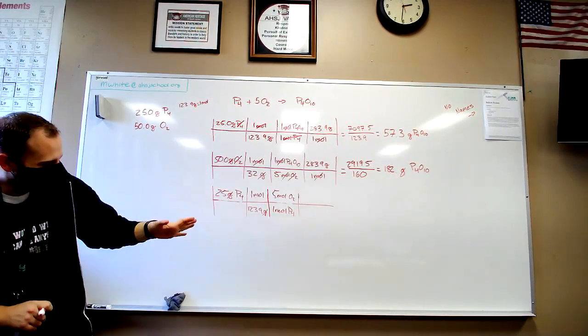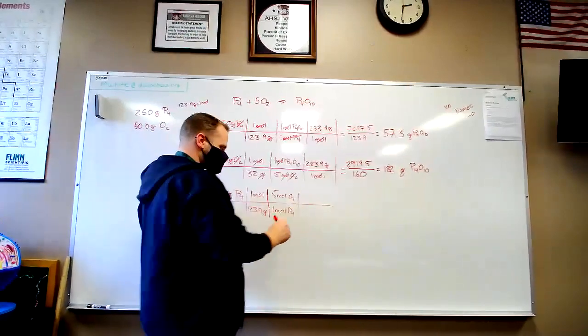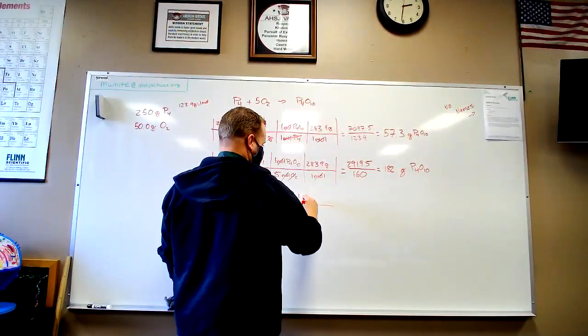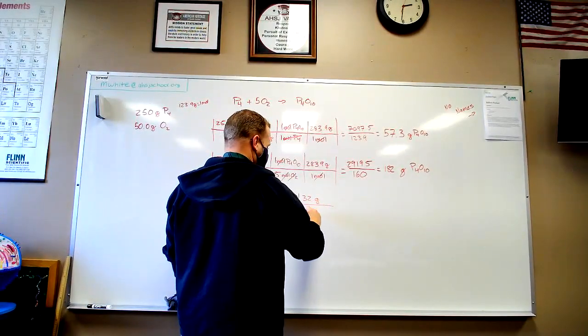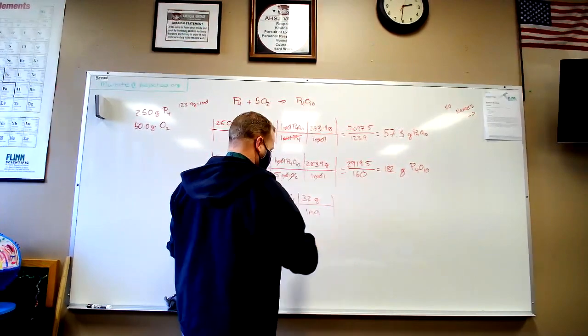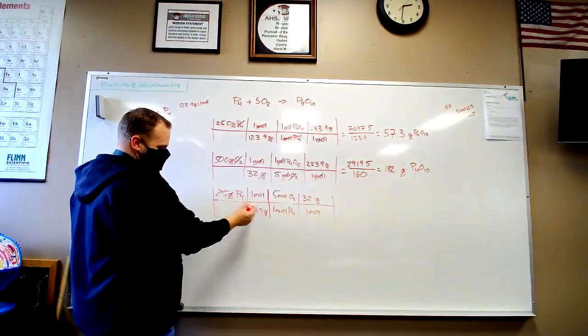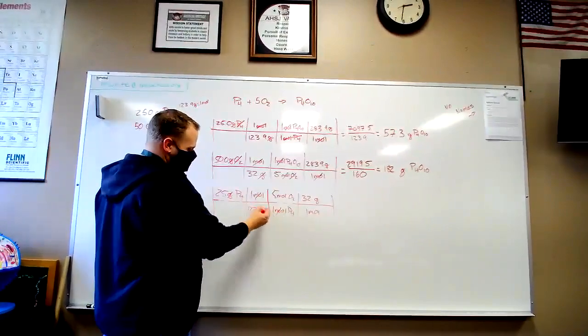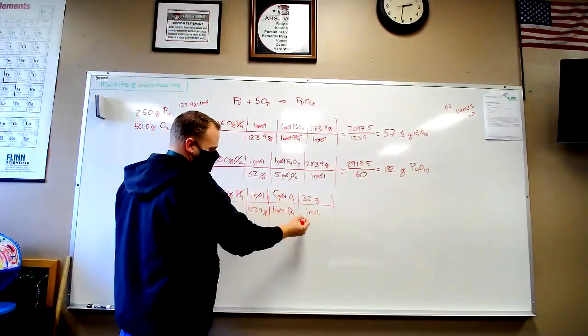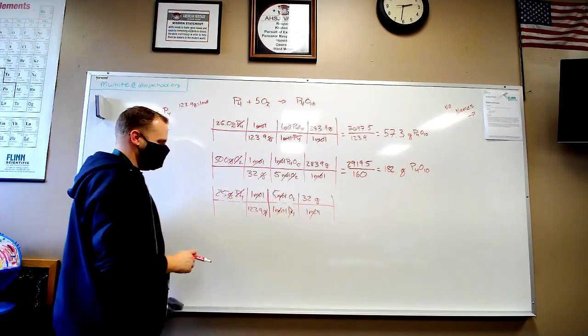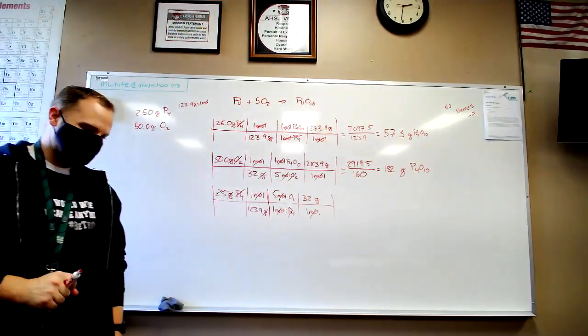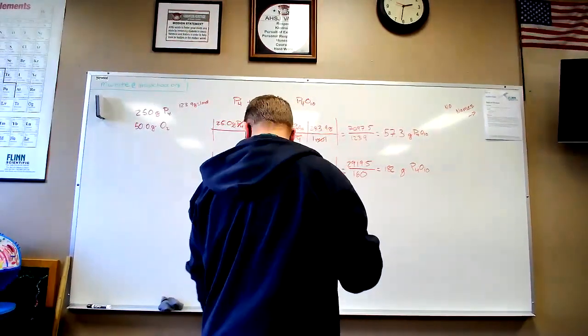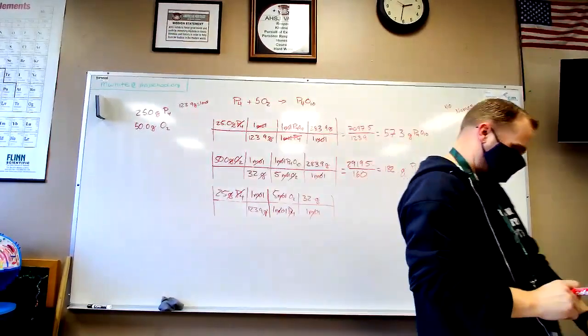And then we go from this to grams. So 32 grams to 1 mole. So grams is canceled out, moles cancel, and now we have grams of oxygen that is actually used.